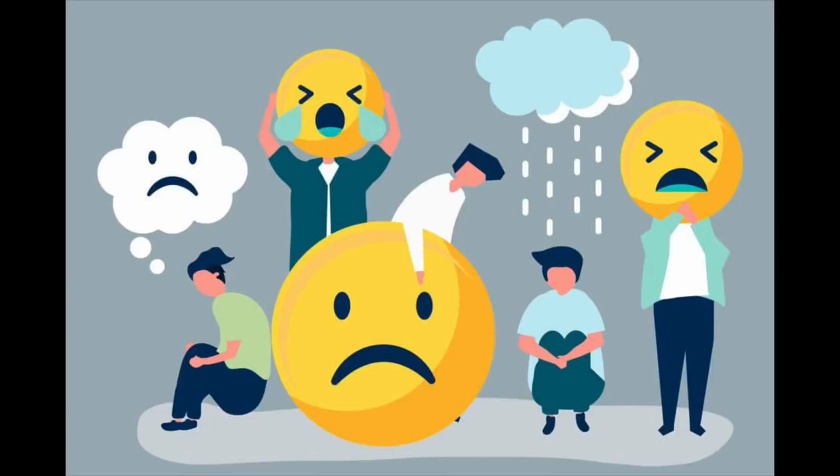For example, if somebody was to tell you that your dog died, how would that make you feel? Or if someone was to tell you that you just won $10,000, how would that make you feel? You could say that you would feel sad about your dog, or you could say that you would feel happy and excited about the money.